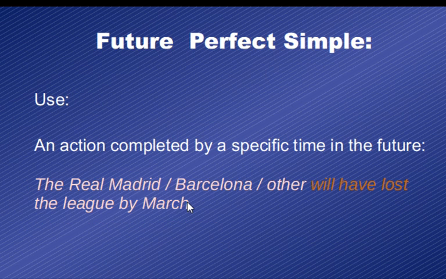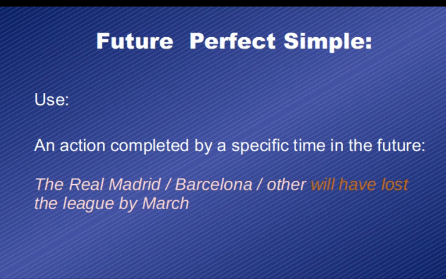And finally, let's just look at how we use the future perfect simple. Basically, we use it to express an action that is completed by a specific time in the future, like Real Madrid, Barcelona, or whatever other team you want, will have lost the league by March. So here you have to imagine a timeline, okay, and we're gonna take a time of reference in the future.